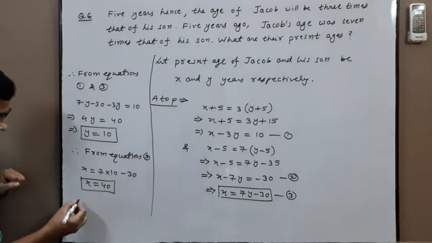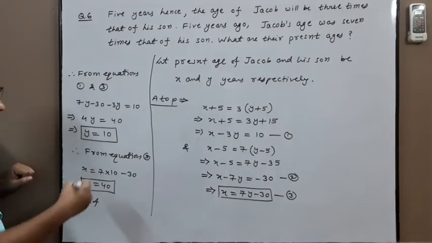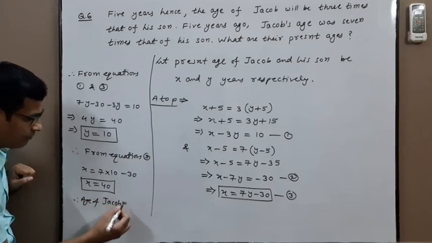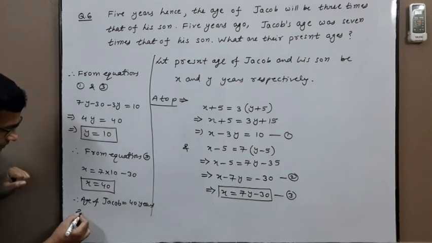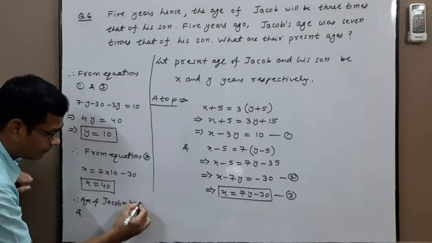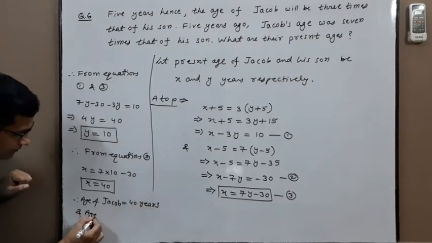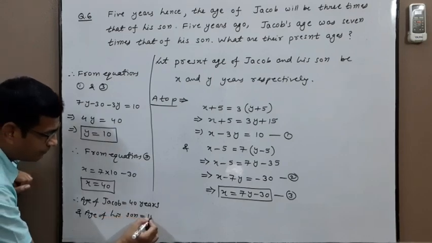Therefore age of Jacob is equal to 40 years and age of his son is equal to 10 years.